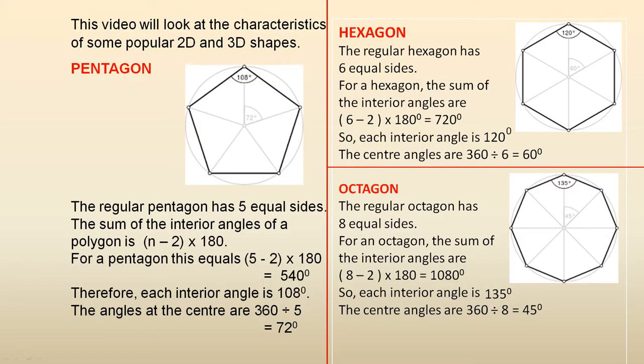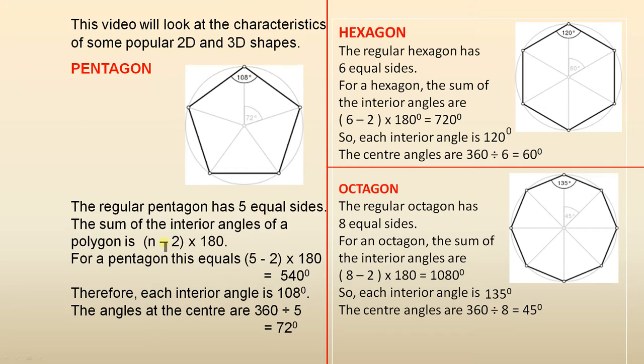This video will look at the characteristics of some popular 2D and 3D shapes. The first one we'll look at is the pentagon. The regular pentagon has 5 sides. The sum of the interior angles of a polygon is n minus 2 times 180.